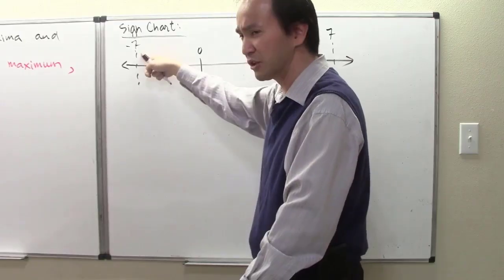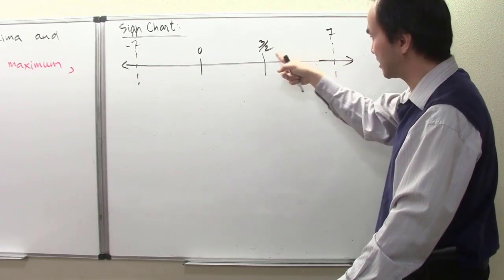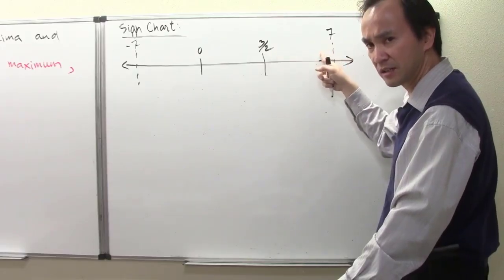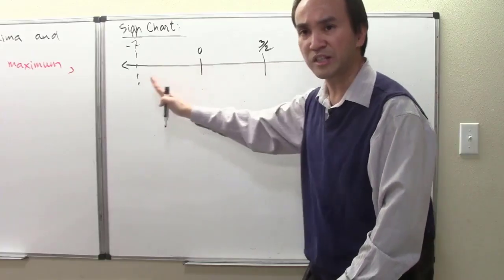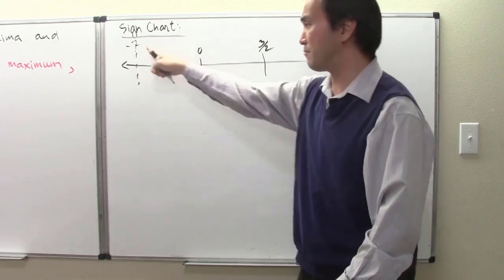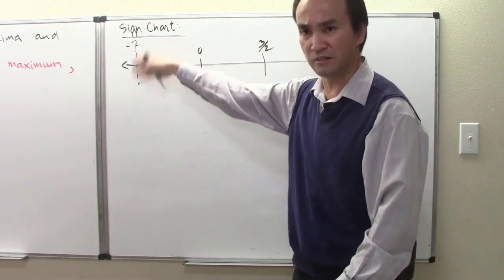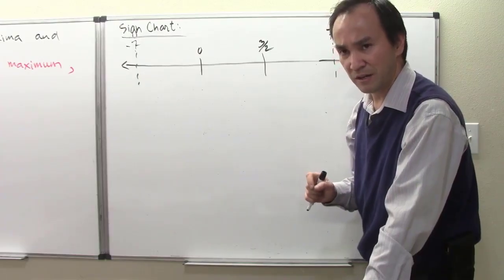And also pick a testing point so that it's greater than 3/2, but still less than 7, because we're only working inside the interval from minus 7 to 7. I'm putting that in dotted line, indicating that it's not required. It's just something for you to be aware of.